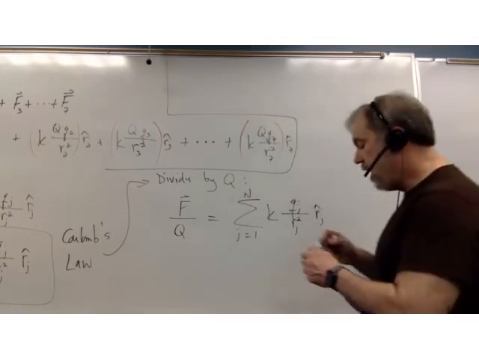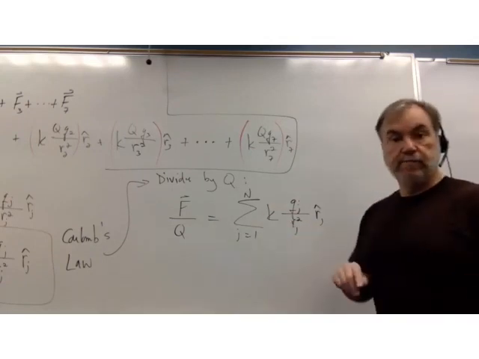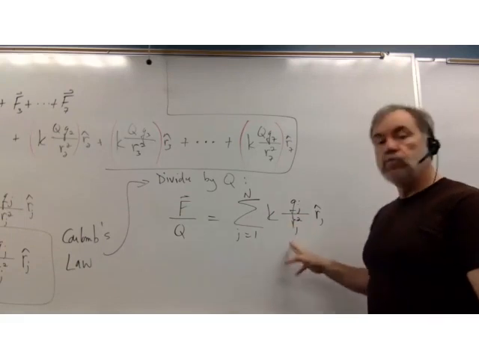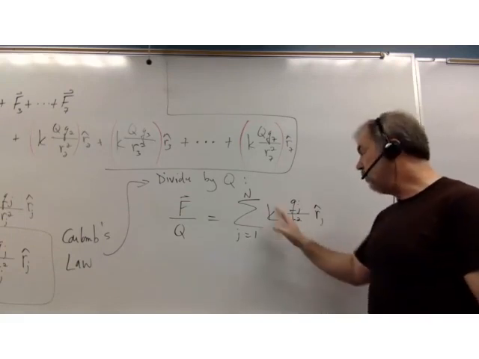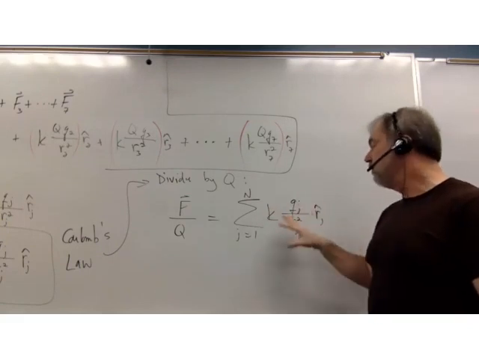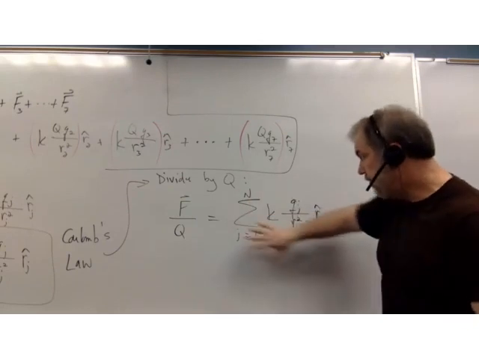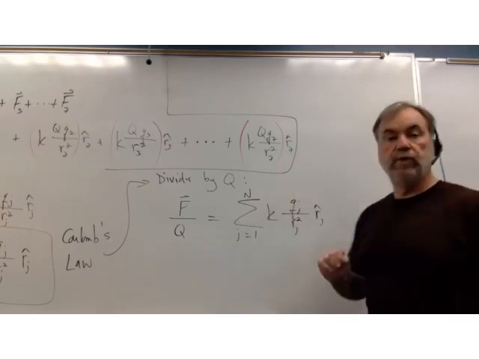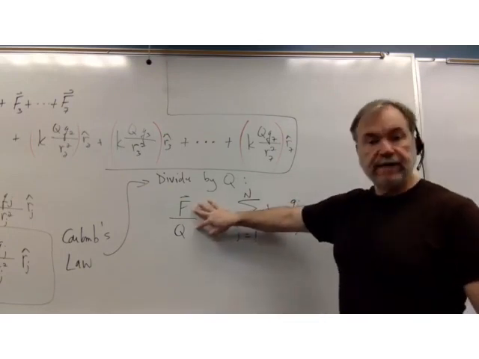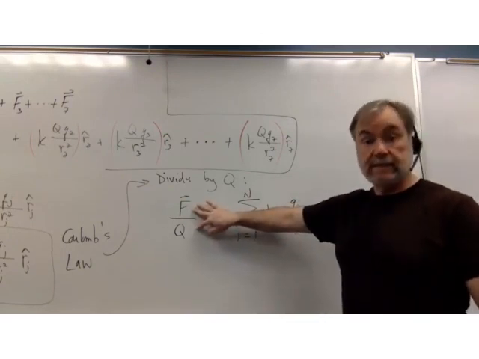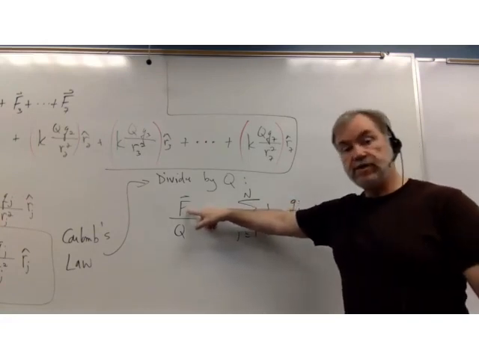Okay. This construct now has the property that I want, which is it makes no reference at all to the test charge. This thing is a calculation of something to do only with the source charges. The right-hand side has nothing to do with the test charge. And this thing on the left-hand side looks like it has something to do with the test charge, but it really doesn't, because remember what capital F is. It's the force on the test charge.